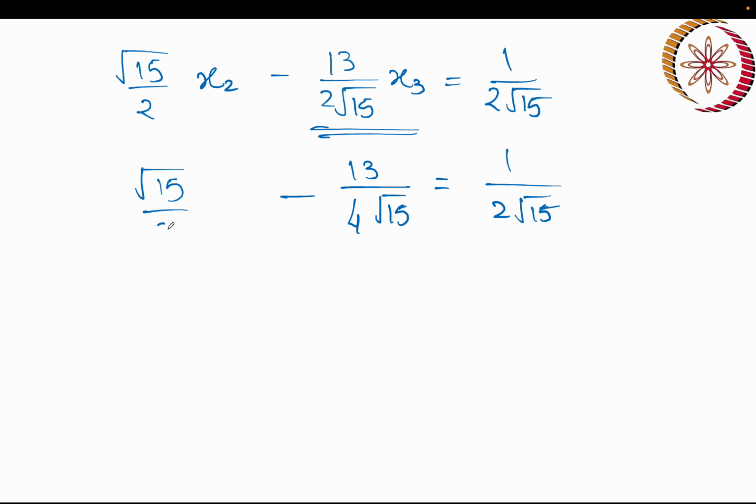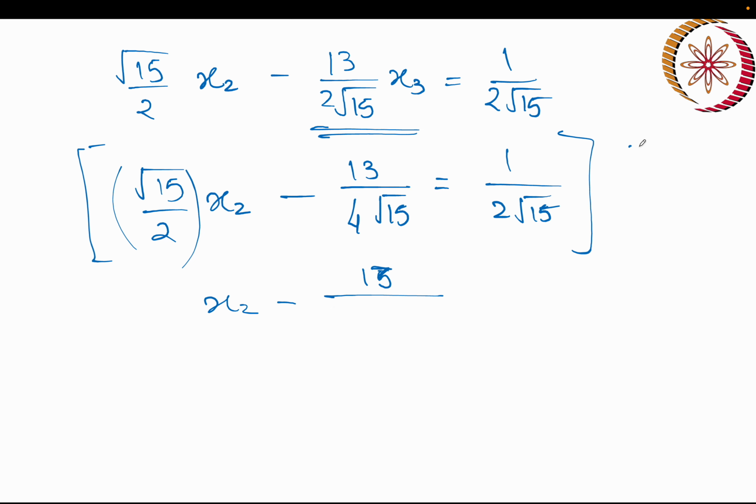Square root of 15 by 2 x2. So let's multiply by 2 by root 15, so it will be x2 minus 13, 13 will be as it is, then this 2, so we are multiplying the whole thing with 2 by square root of 15, so this 2 will get cancelled and it will be 1 by 15.